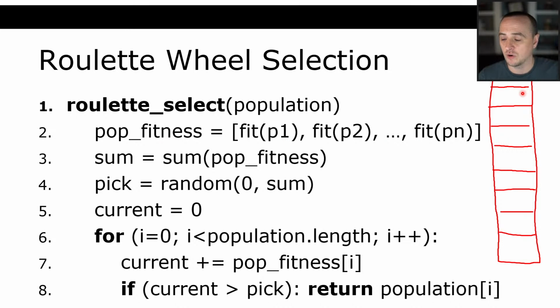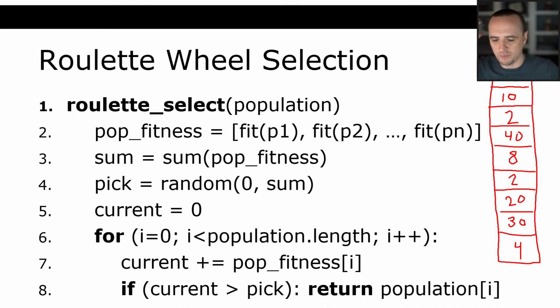So over here, we're going to have a vector or an array or a list of all the fitnesses of everything in our population. So let's just get some random numbers here. I'll go with 10, maybe 2, 40, 8, another 2, 20, 30, and let's say 4. Okay? So those are the fitnesses of the things in our population.